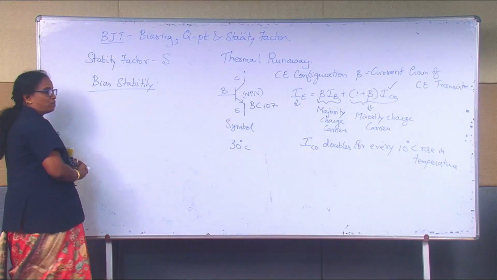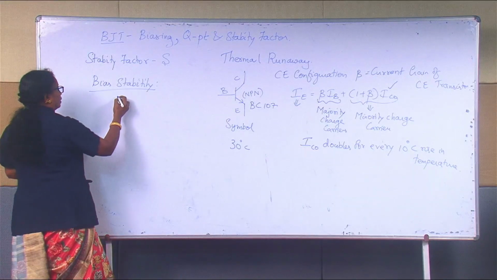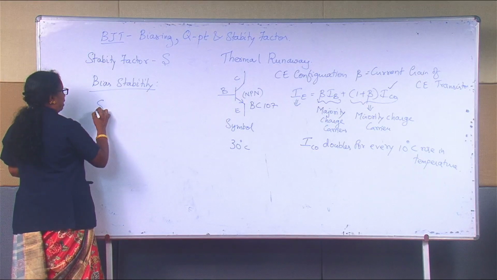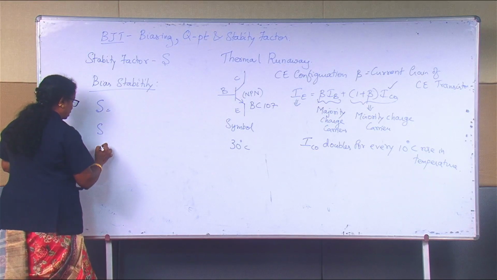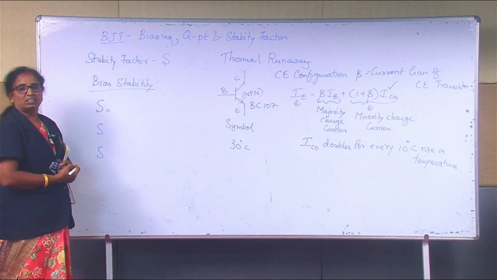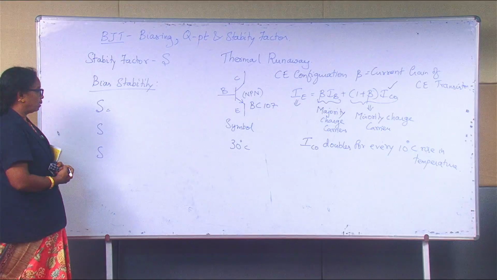So if you take this bias stability, you have actually 3 stability factors that can be defined.